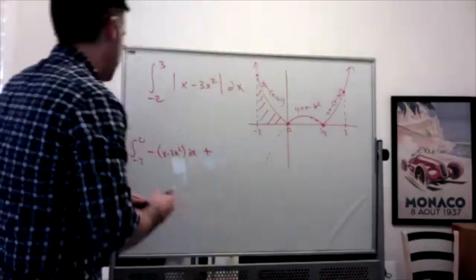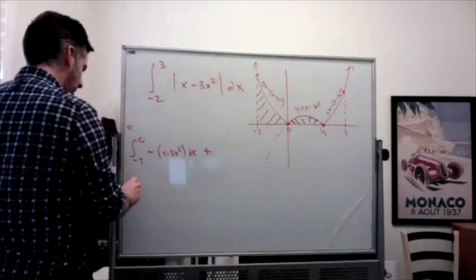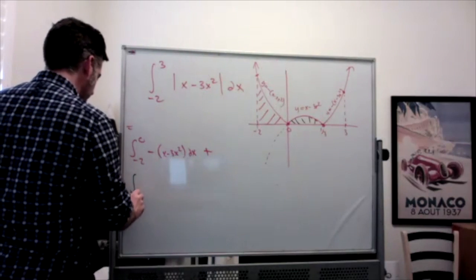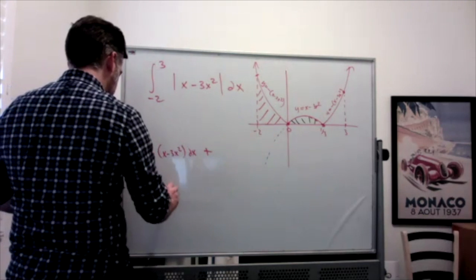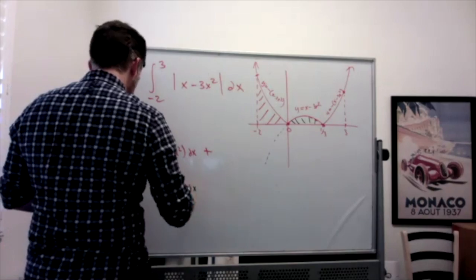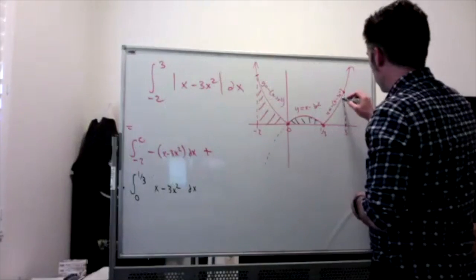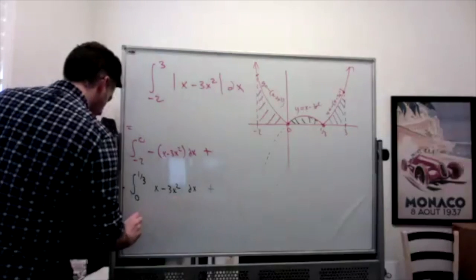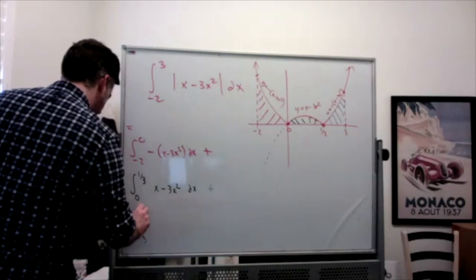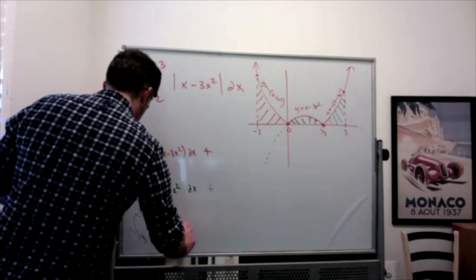So then this area in black is going to be the integral from 0 to 1/3 of x minus 3x squared. And then lastly, this area in blue. That's going to be the integral from 1/3 to 3 of, again, negative x minus 3x squared.